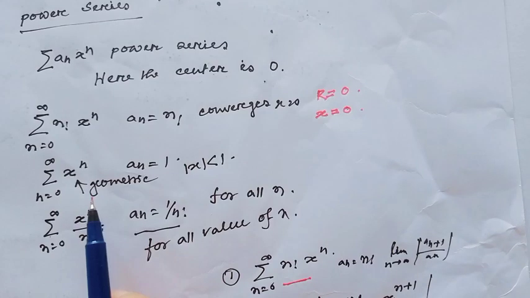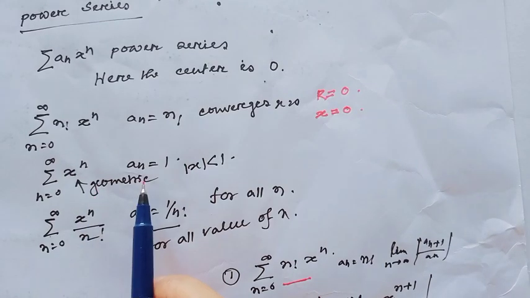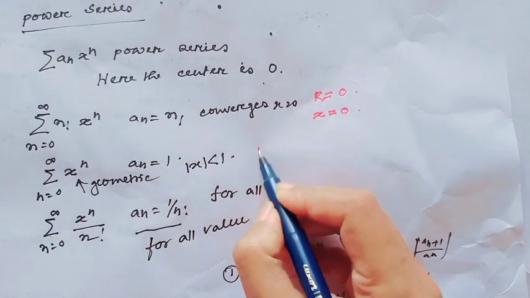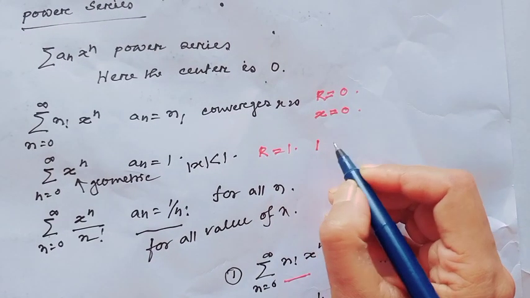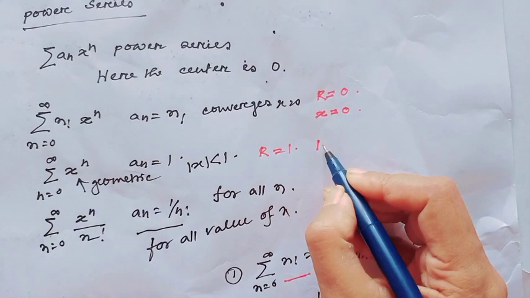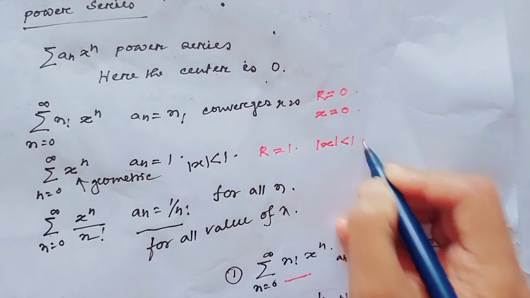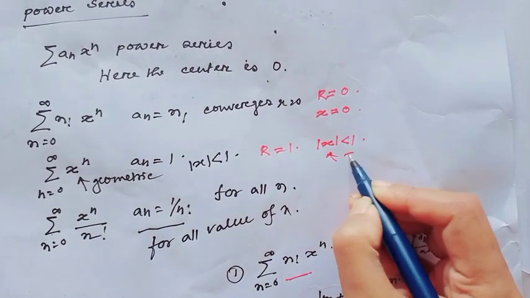Second example, here the radius of convergence is 1. That means the interval of convergence is, since the center is 0, mod x less than 1. This is the interval of convergence.